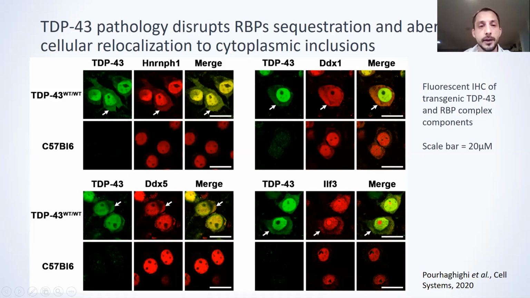And in instances where this happened, it also drags out hnRNP-H1, DDX1, DDX5, and ILF3, which are components of that complex. And in some instances, it also forms these inclusions. And you do not see this in non-transgenic animals. There's no redistribution of their RBPs.